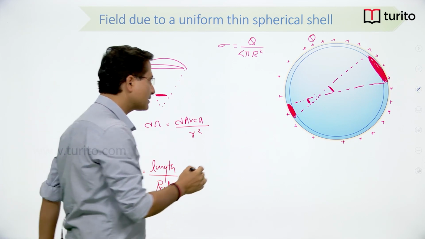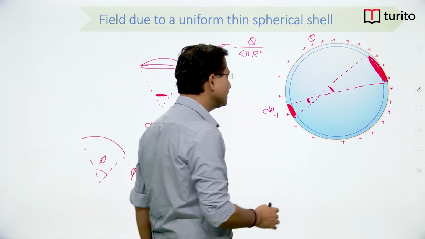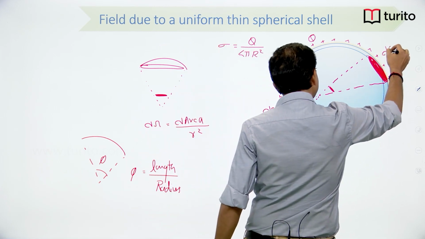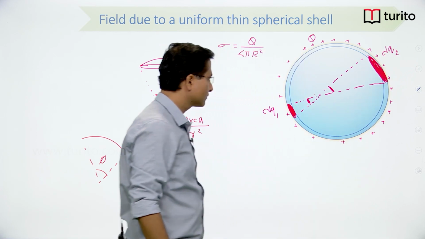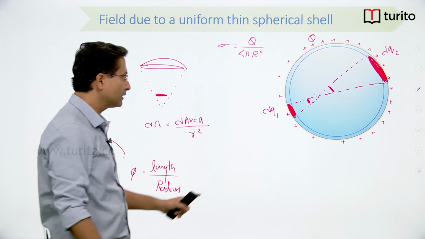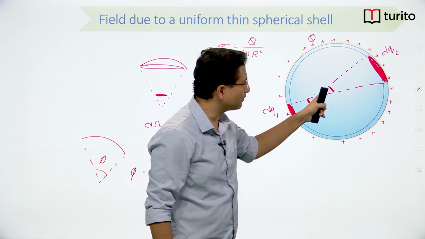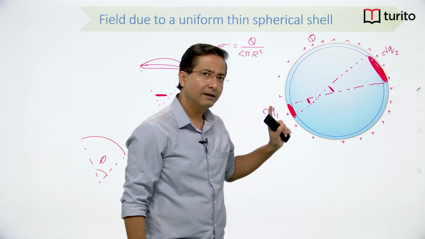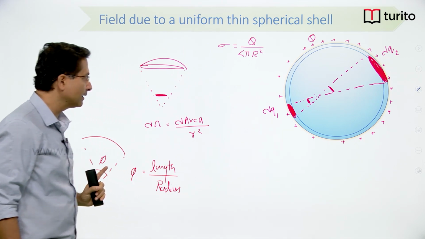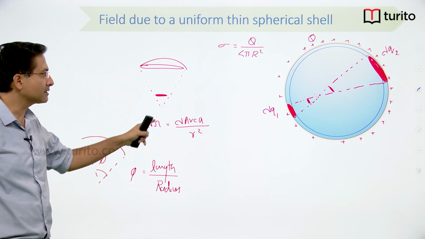Let us call this one dq1 and this one dq2, right. So the only thing right now we know is that the angle subtended by this one and the angle subtended by this one at this particular point is the same, right.